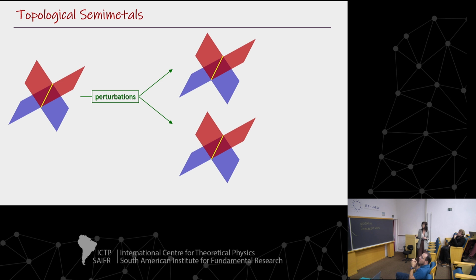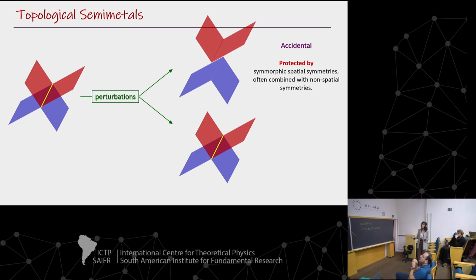So, okay, generically, band degeneracies, not just nodal lines, when they are subject to perturbations, one of 2 things can happen. Perturbations will either open a gap and destroy the degeneracy, in which case the degeneracy is called accidental.